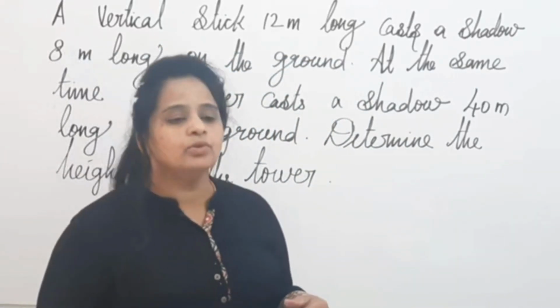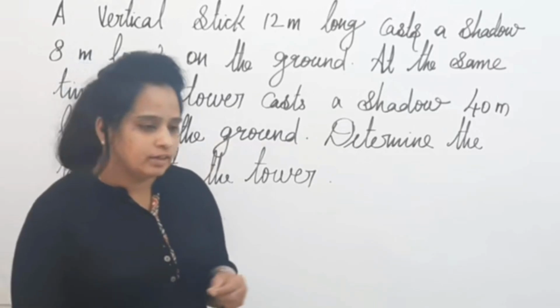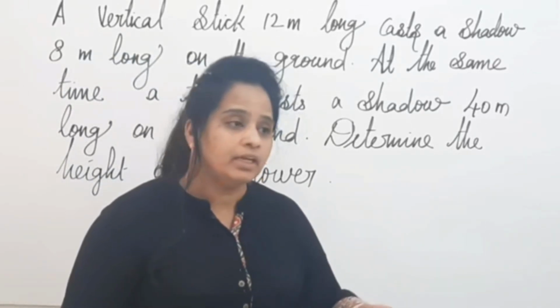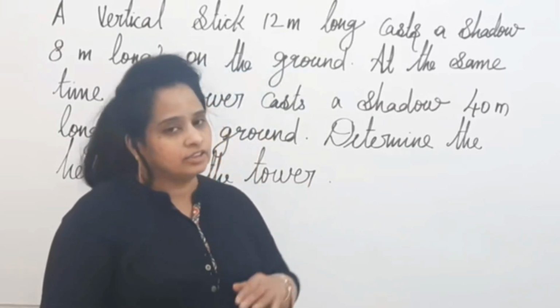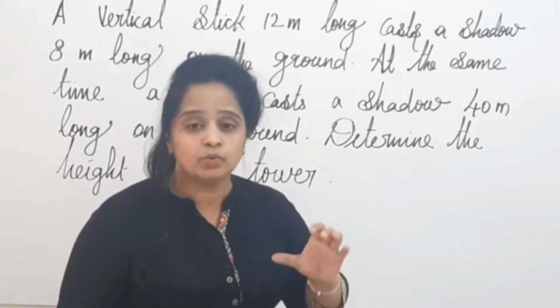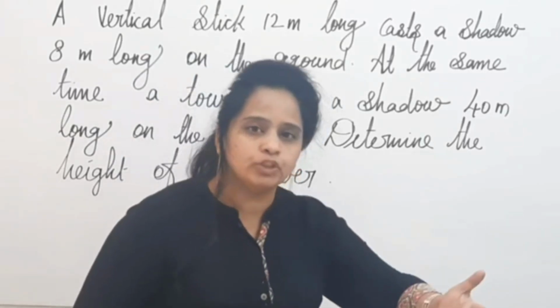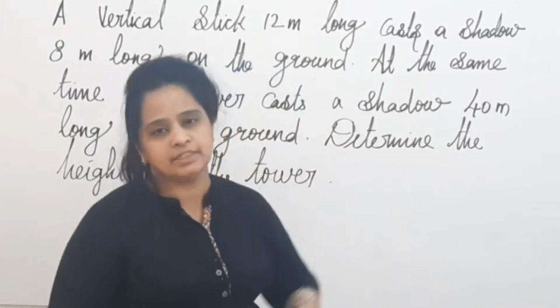I would like to tell you one concept here. Whenever the distance increases, it doesn't mean that the angle changes. The angle will never change. That is what we call similarity. So the distance will be in proportion, but the angles will be the same.